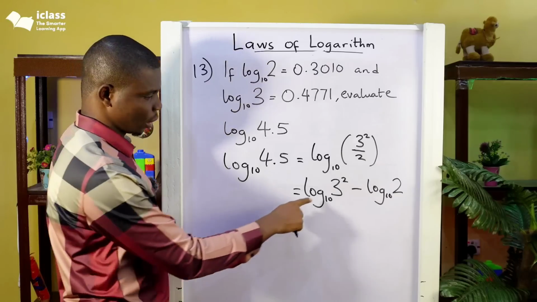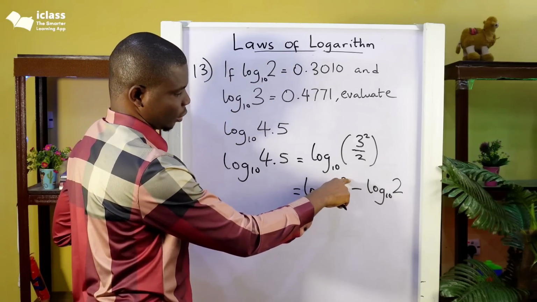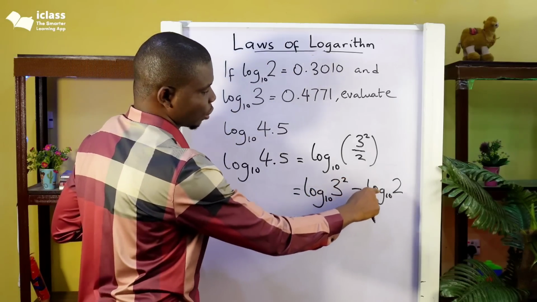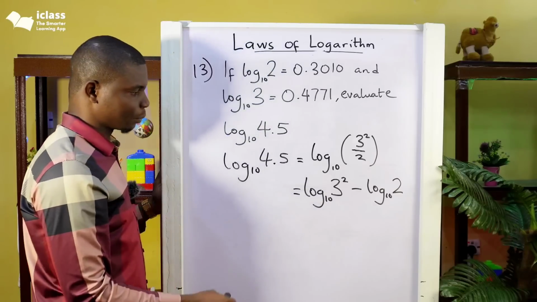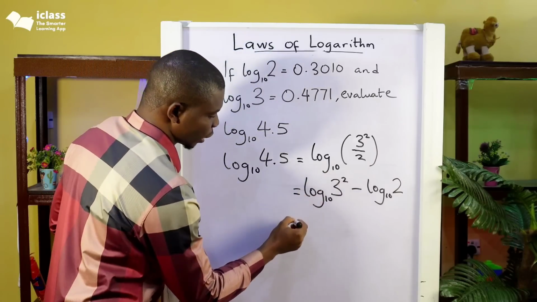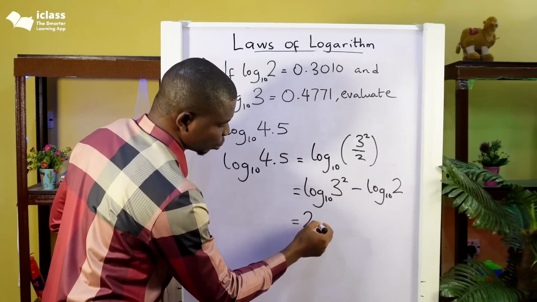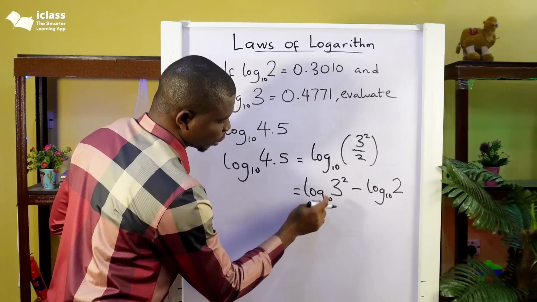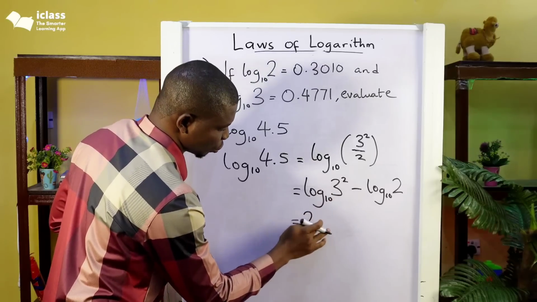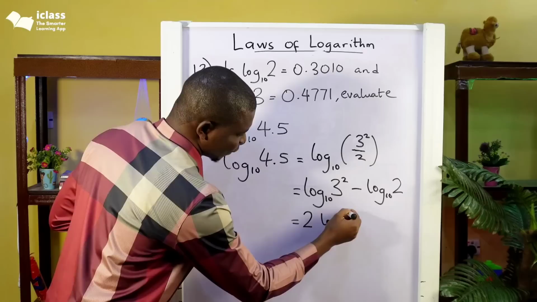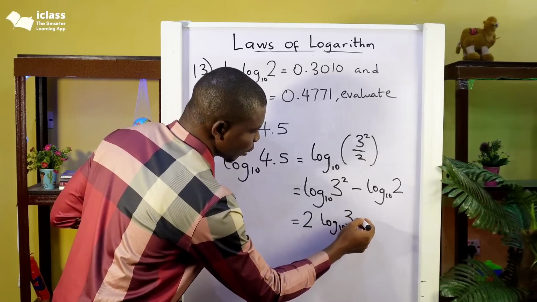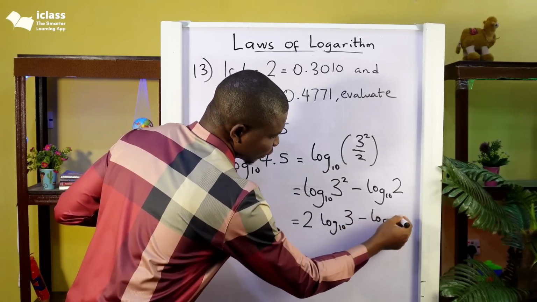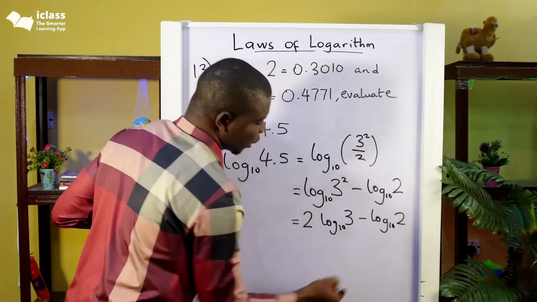Is that not so? Log 3 squared base 10 minus log 2 base 10. Good. So this 2, I can bring it in front. This will be 2 times log 3 base 10, or 2 log 3 base 10 minus log 2 base 10.